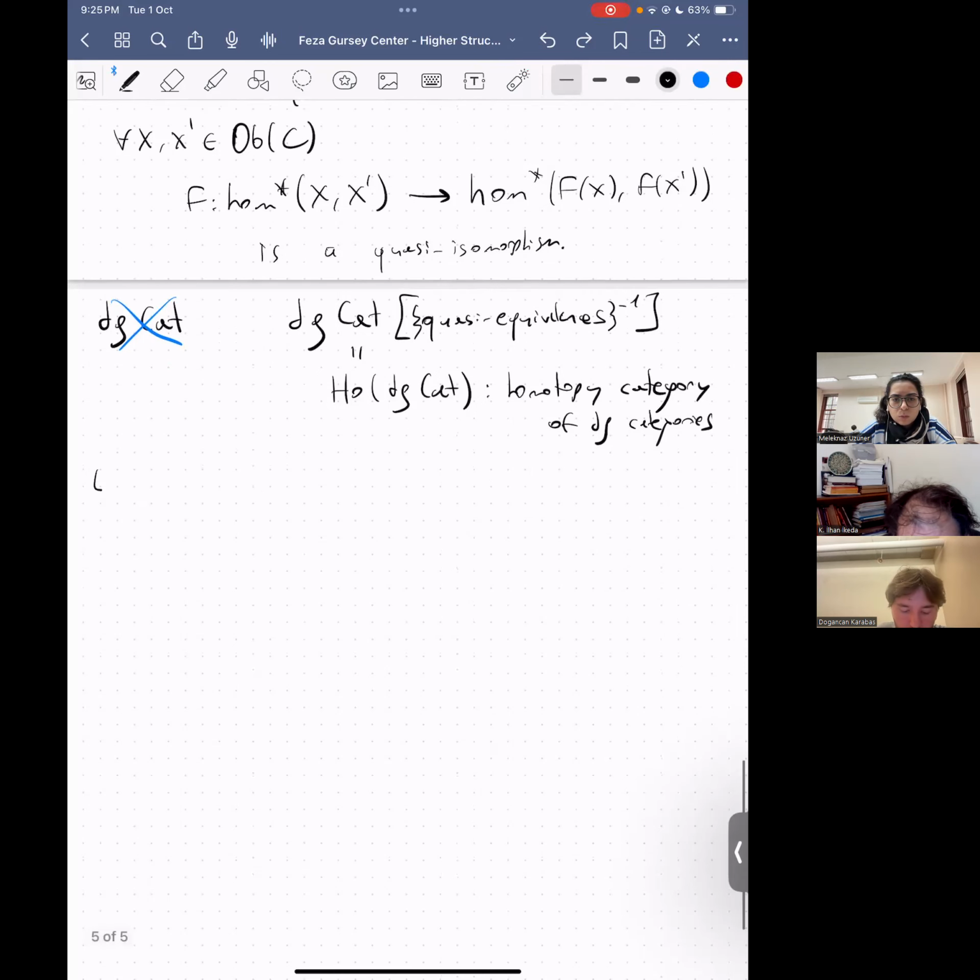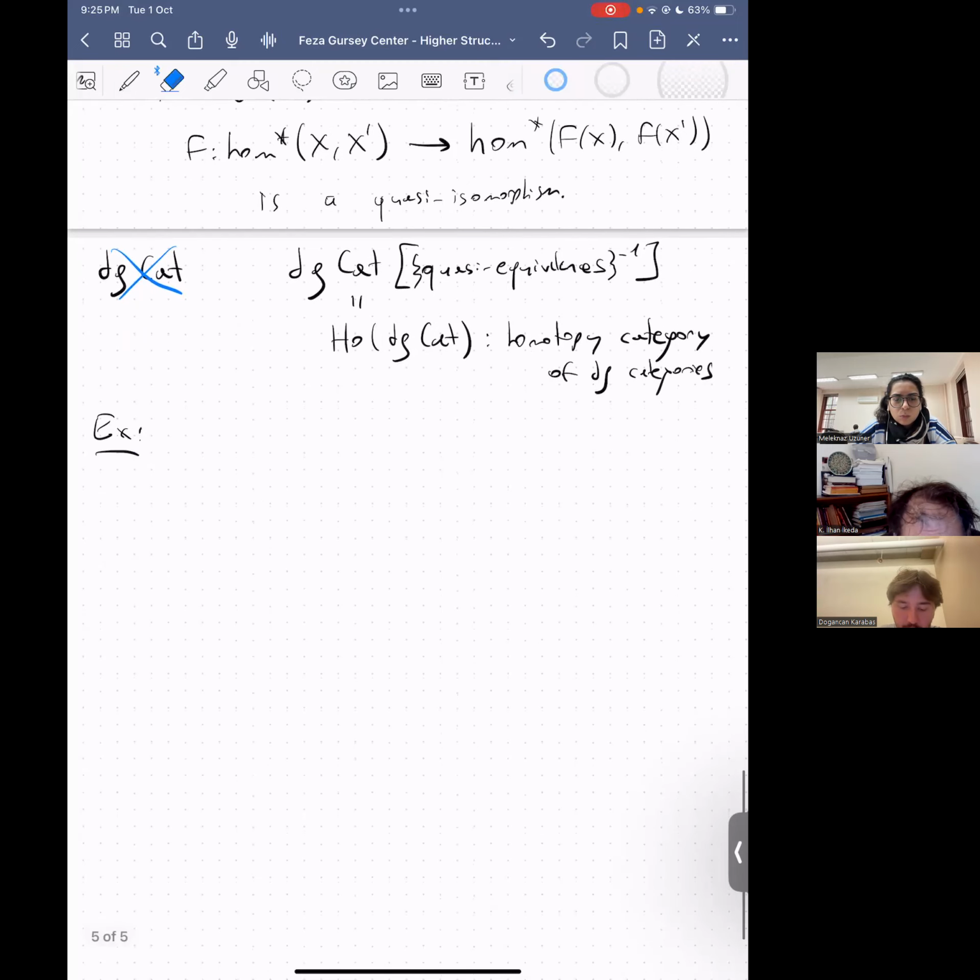An example is this. Let's say DGCAT just consists of three DG categories. Just assume it's not true, but there are three DG categories.